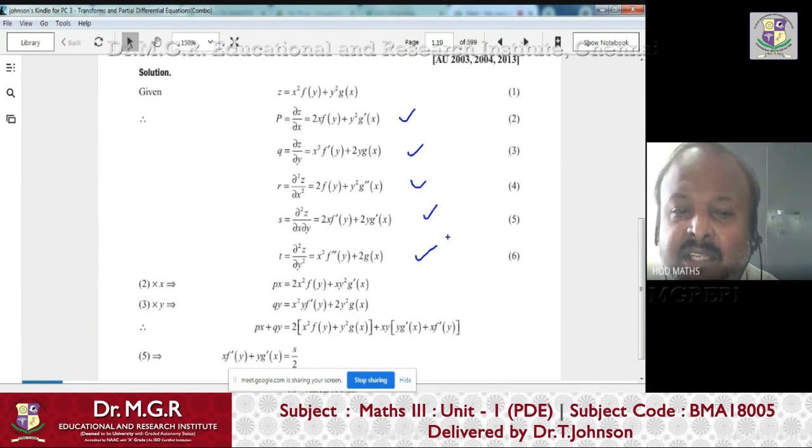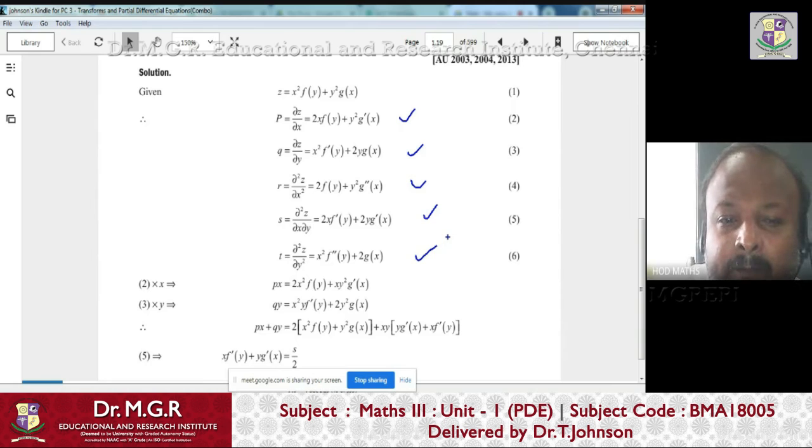From these 5 relations, we can multiply x with equation number 2 and y with equation number 3. These are simple simplifications.